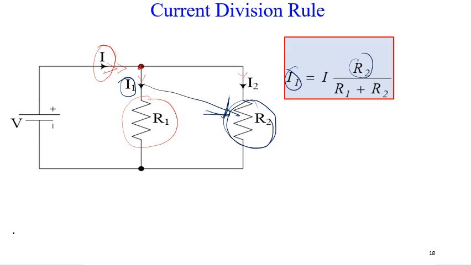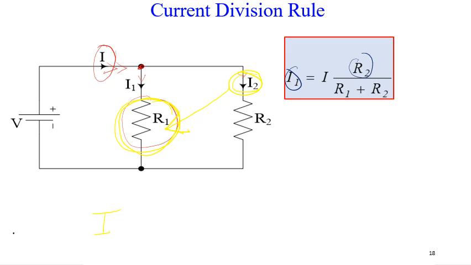You also multiply it by the opposite. Now we are finding I2. To find I2, we multiply by the opposite. Which one is opposite to I2? It is R1.